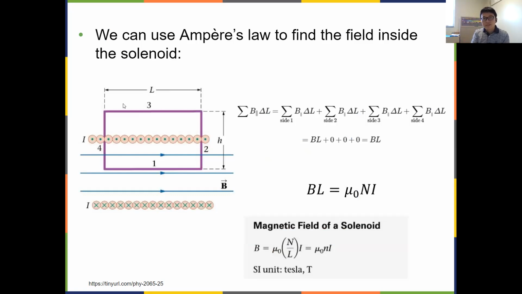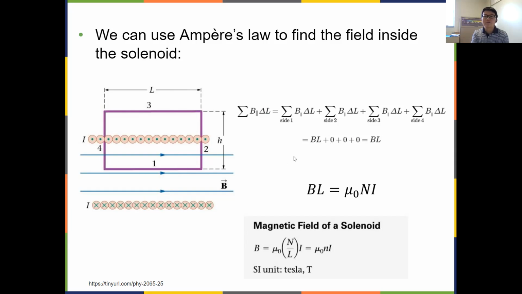So for the four sides of the closed path, this one will have B times L. And then this one, B is in this direction, perpendicular to this side, so that will be 0. Over here, the B field is 0, so B times L will be 0. And over here, again, B field and L are perpendicular to each other, so the result will be 0. So at the end, this side will be 0, this side will be 0, this side will be 0.